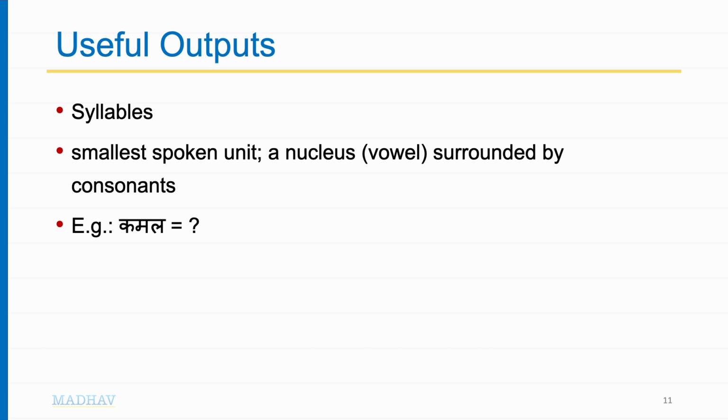Ka, ma, la. Each syllable has a vowel. Ka has a vowel and all have a vowel. In Hindi, kamal, how many syllables? 2. Ka and mal. Why mal? Because after la there is no a, you can't utter that. You just say mal. That's the second syllable.